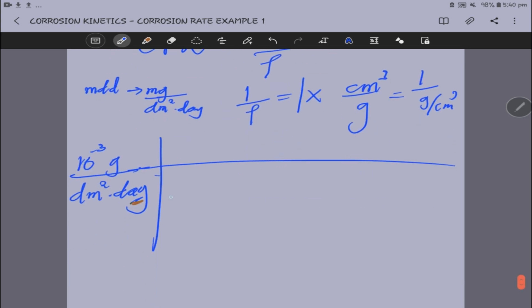So the density is coming, but because we are dividing through and multiplying, we are using this format. So the cm cube will come to the top.